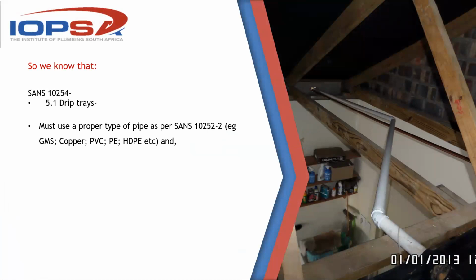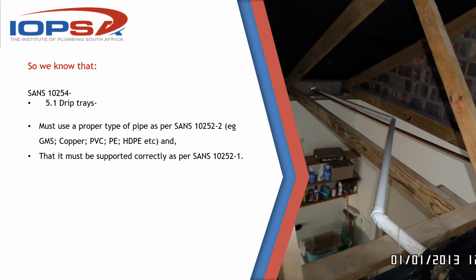If you look at 10252, it gives you examples of types of drainage pipes that can be used, most of which are actually not suitable for drip tray overflows, because who's going to put a copper pipe or a galvanized mild steel pipe there, etc. They do talk about HDPE, but it's not the low density polyethylene, it's the high density polyethylene that is an acceptable material for drainage.